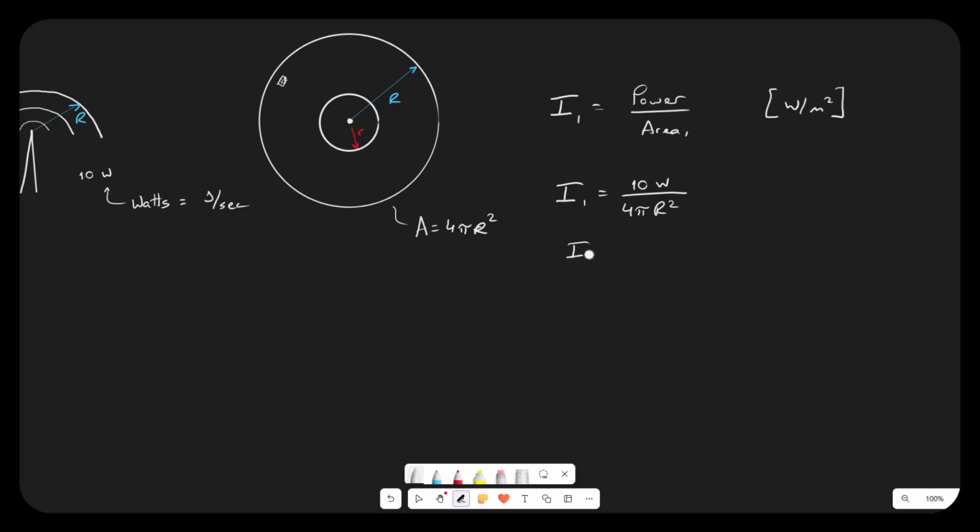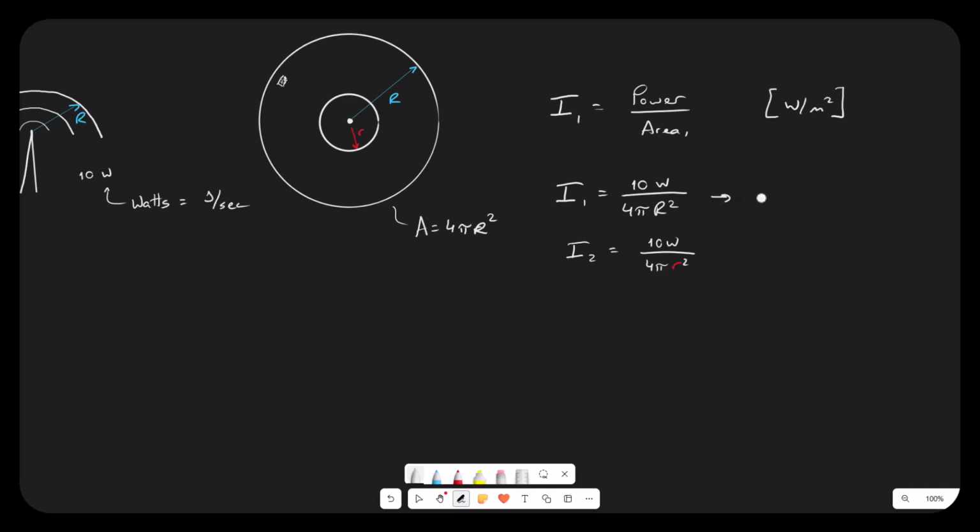Intensity 2 at this inner radius is going to be 10 watts over 4 pi little r squared. The intensities are different. If I stand closer to my speaker, it's going to sound louder because r is smaller. At the bottom, my fraction is smaller, the whole thing's bigger. But the power delivered by the speaker hasn't changed.